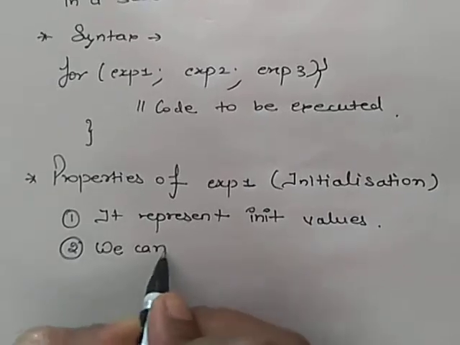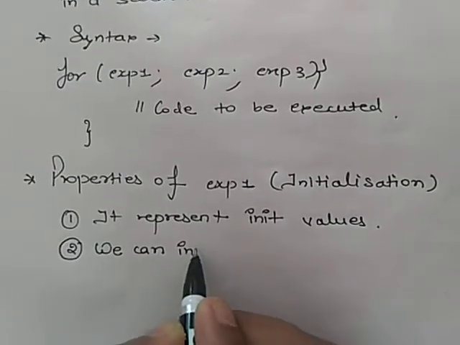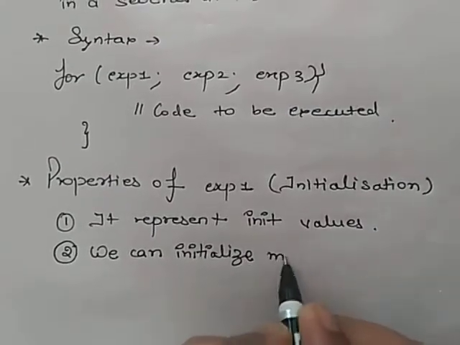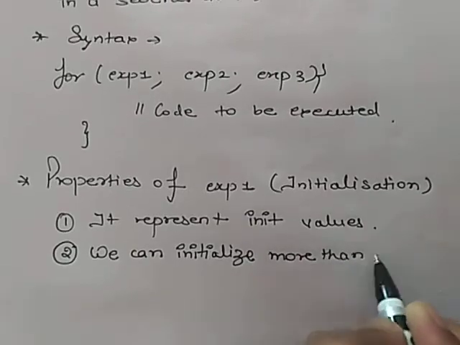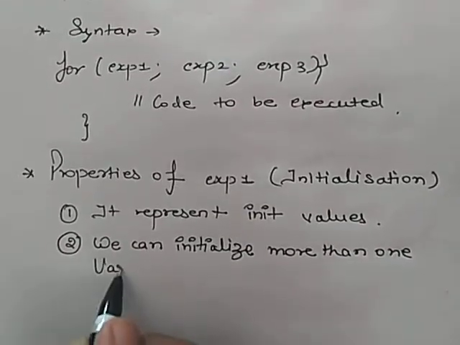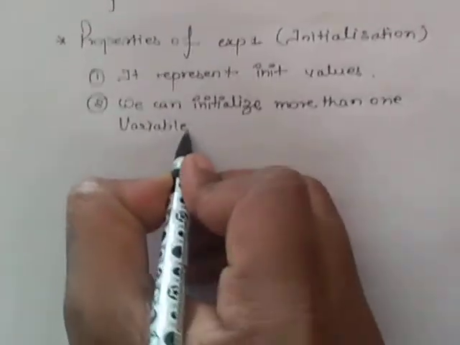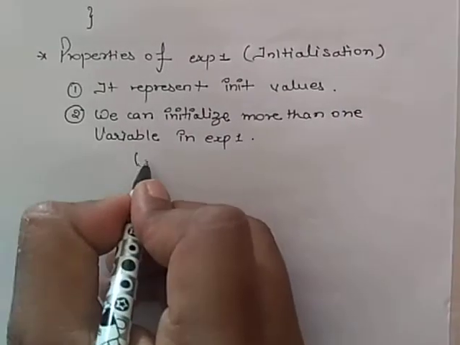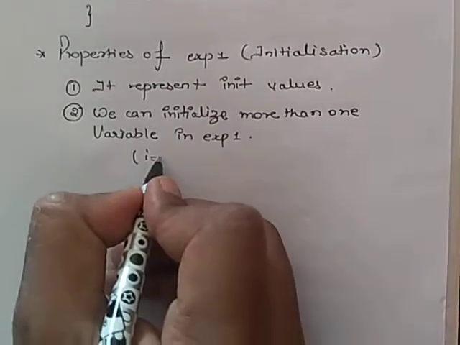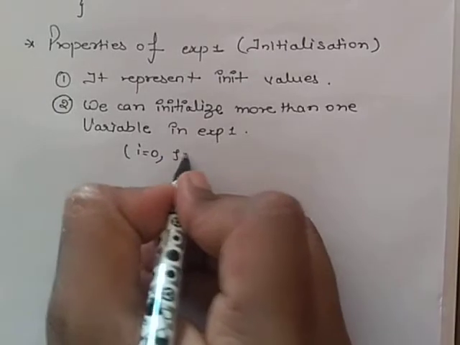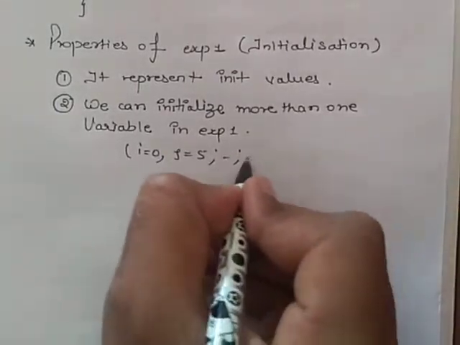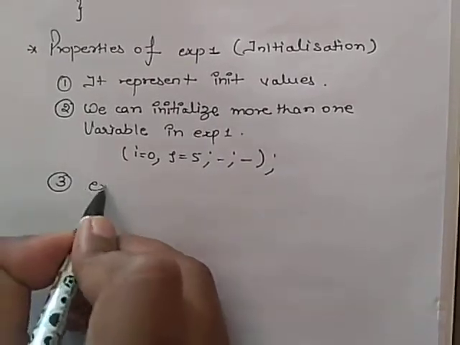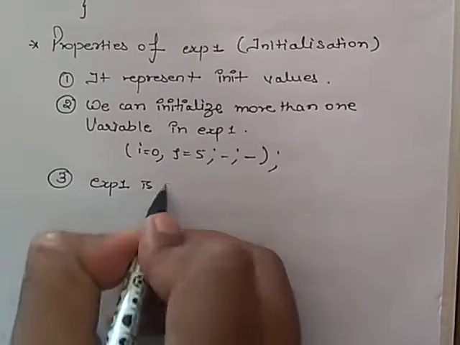We can initialize more than one variable in expression 1. It means we can take more than one variable like i equal to 0, j equal to 5. Now expression 1 is optional.